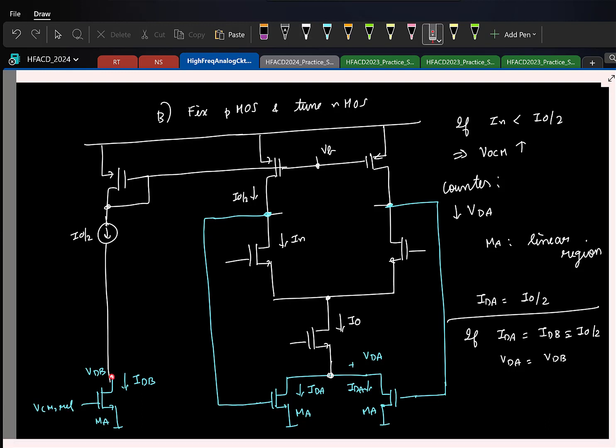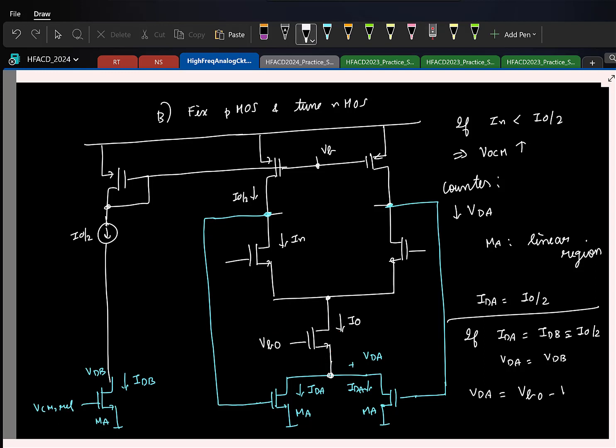But does it enforce the two drain voltages to be the same? No. So let's think. First of all, what is setting this voltage VDA? If you see, let us say this is some VB0, what is VDA? What is setting that voltage is the nMOS transistor and the current flowing through it.